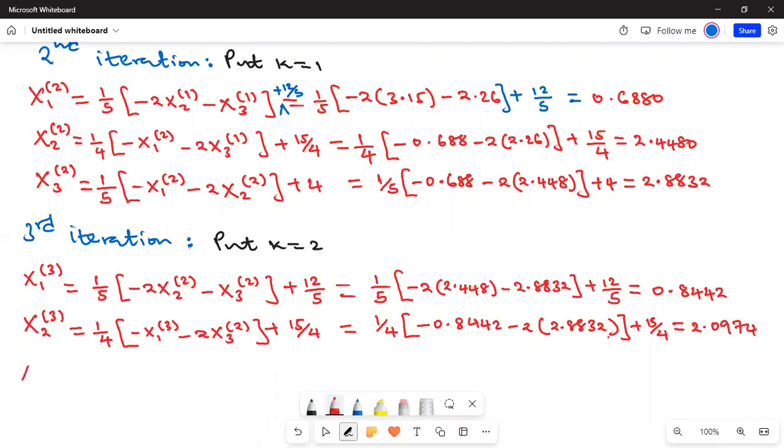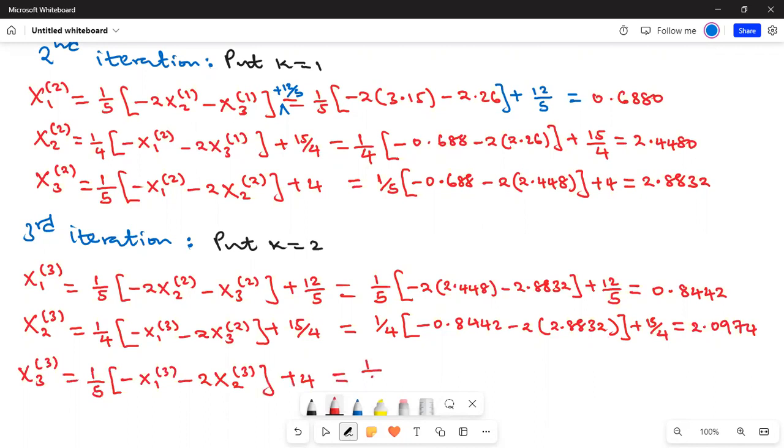Finally, the third equation, x3 at level 3 is equals to 1 over 5 times negative x1 at level 3 minus 2x2 at level 3. You're adding this to 4.